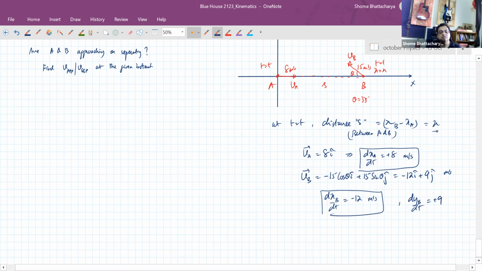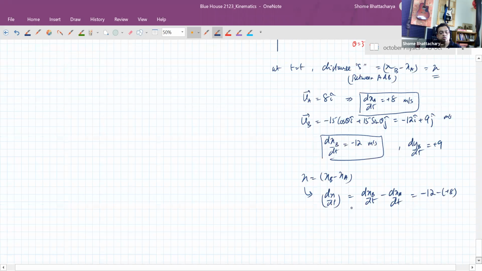So the instantaneous distance between them, x, is xB minus xA. So the rate at which this is changing, dx by dt, is this rate. So that here becomes minus 12 minus of plus 8.